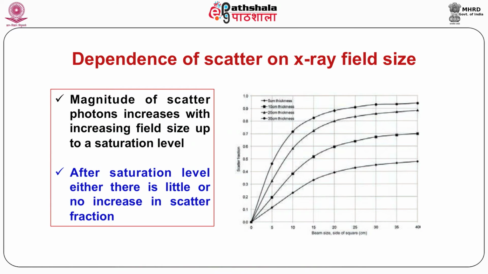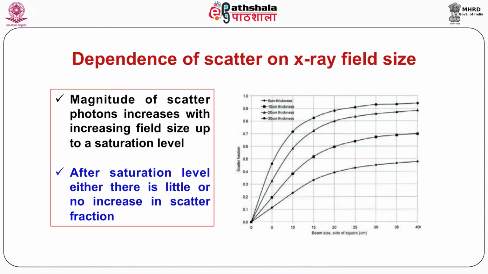The magnitude of a scattered photon increases with increasing field size up to a saturation level beyond which either little or no increase in a scatter fraction, that is ratio of a scattered photon energy to total photon energy, occurs.